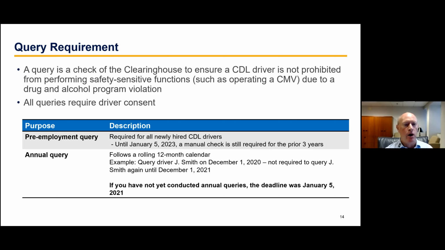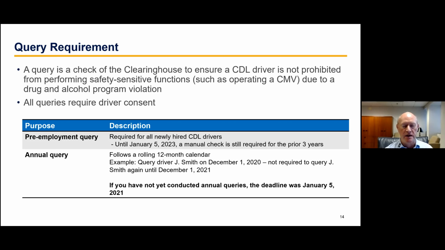If they are prohibited from performing a safety sensitive function because they have tested positive for alcohol or drugs, then they cannot do that either. They cannot work on that vehicle. If you choose to keep them as an employee, you need to assign them to a non-safety sensitive function.